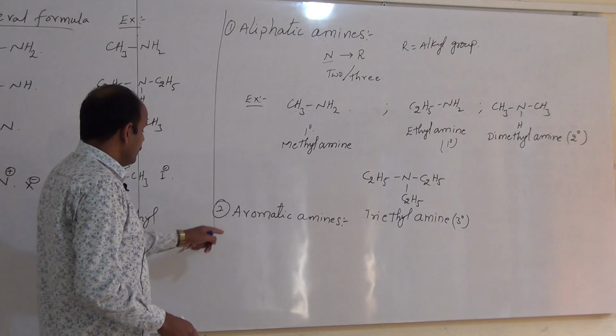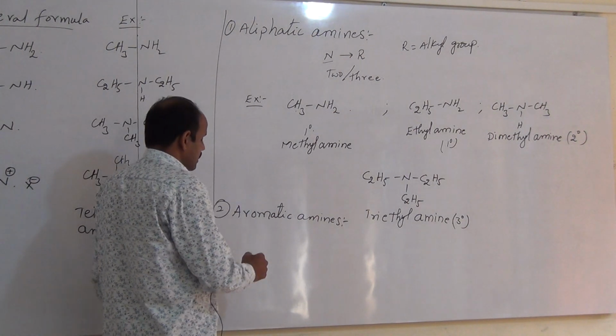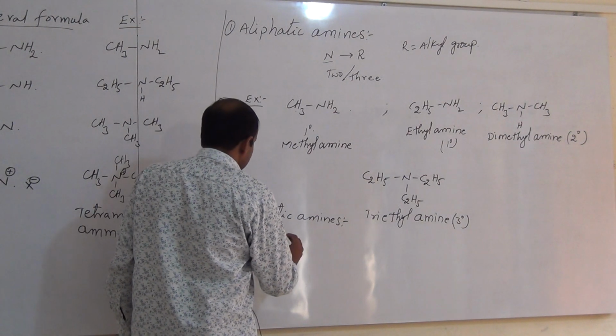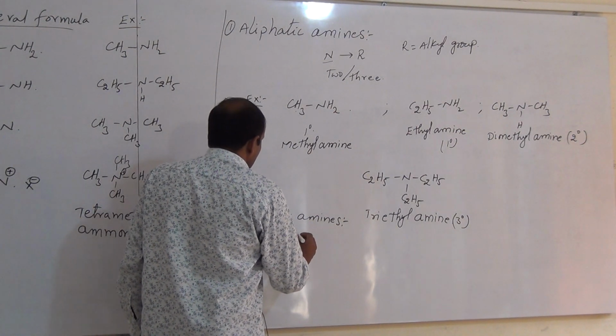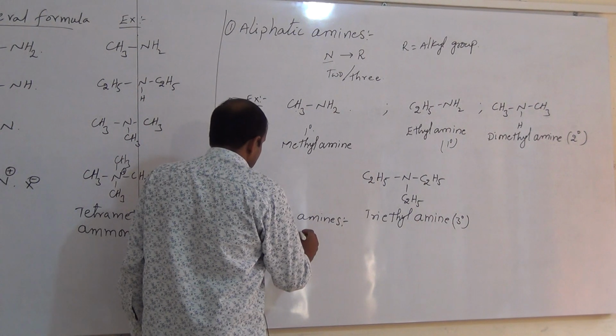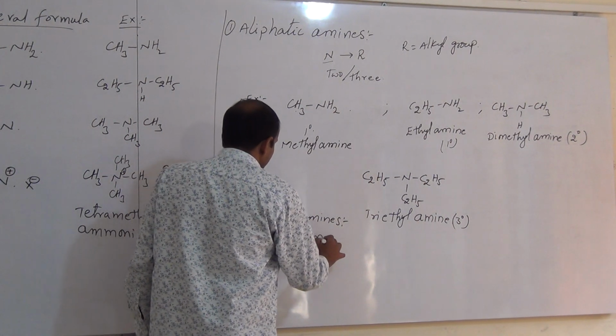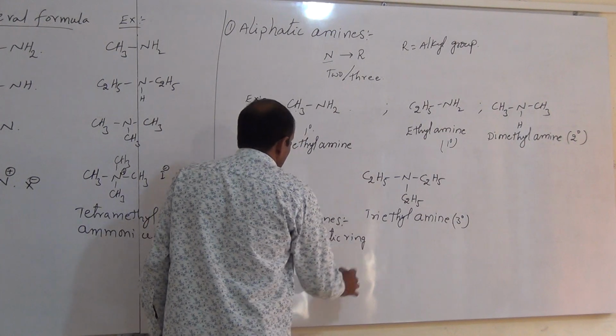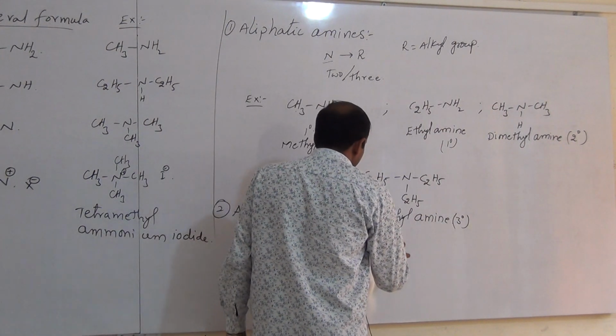So aromatic amines means these are the compounds or amines in which nitrogen atom is directly attached to aromatic ring, or side chain of aromatic ring.